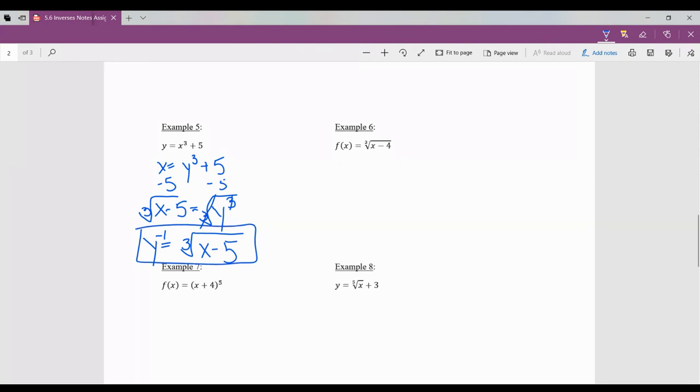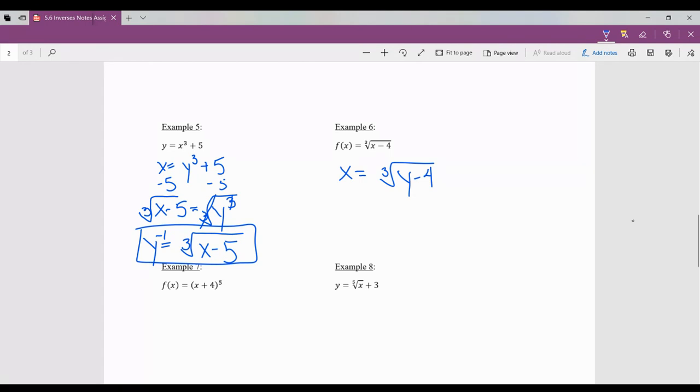All right. Next one. Remember, f of x is meaning y, so we're going to switch the x and the y. Okay, so now this whole entire right-hand side is inside the cube root. So we need to get rid of that cube root.